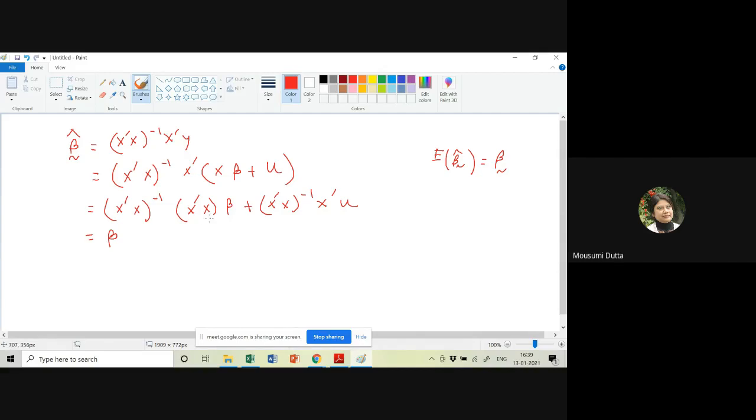If identity is multiplied with the beta vector, we will get back beta. So it is beta plus x prime x inverse x prime u.